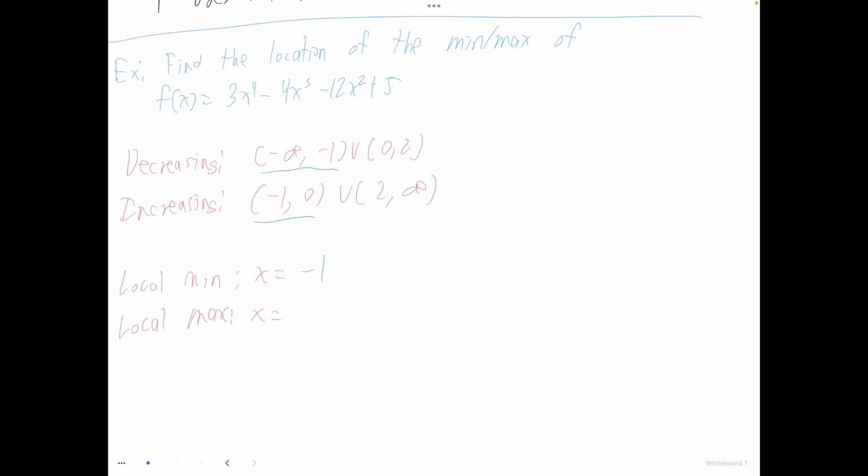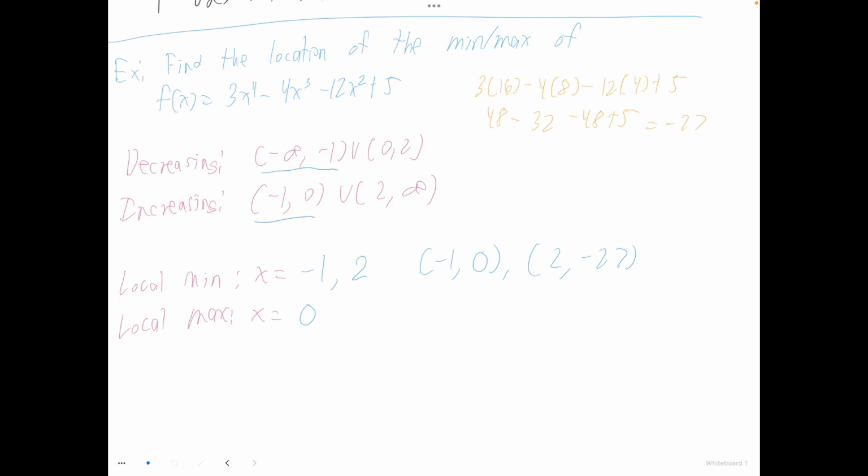If we plug in 2, we have 3 times 2 squared is 12, minus 4 times 2 cubed is 8, minus 12 times 2 squared is 4, plus 5. So we have 48 minus 32 minus 48 plus 5. And so this gives us negative 27. So 2 comma negative 27 is our other local min.